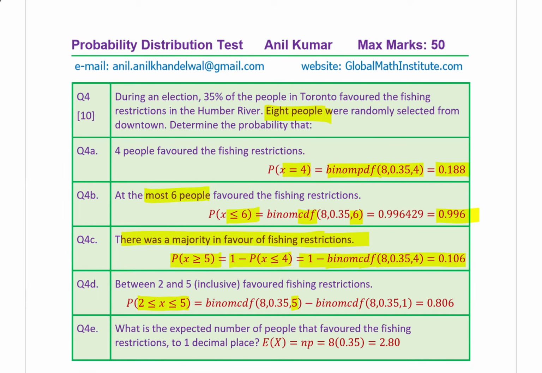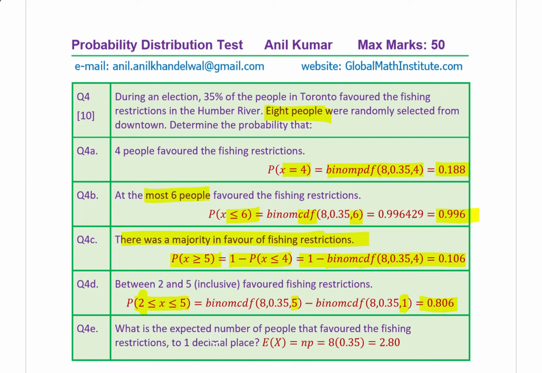But remember, the parameters will be what? So 8, 0.35, 5 will give you everything, including 5 and less than that. And then we'll use second time the same function 8, 0.35, 1 because we are interested in including the 2, right? So now 1, and that gives you 0.806 as your answer.